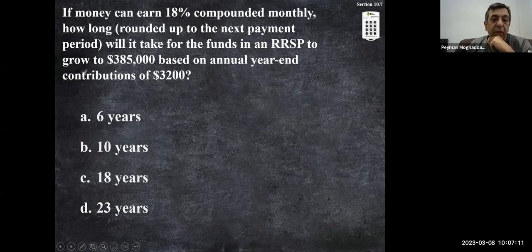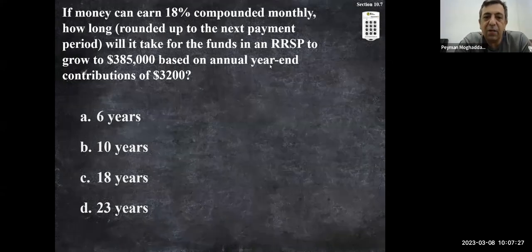So the question is you're putting money in your RSP, same as everyone else. Something good about an RSP, guys, is that it's important that you contribute to it because it also helps you in terms of tax benefit.